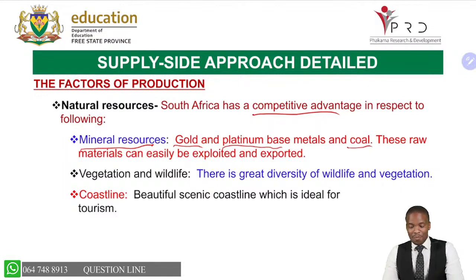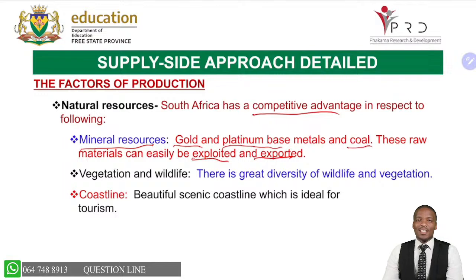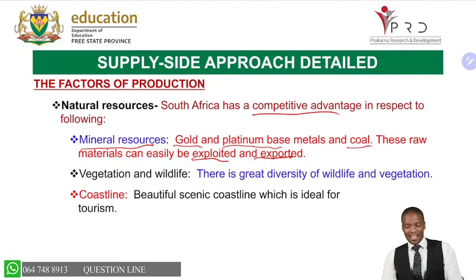These minerals can also be exploited if we do not have industries that will be able to convert the raw material into finished goods so that they can be sold to other countries as exports.